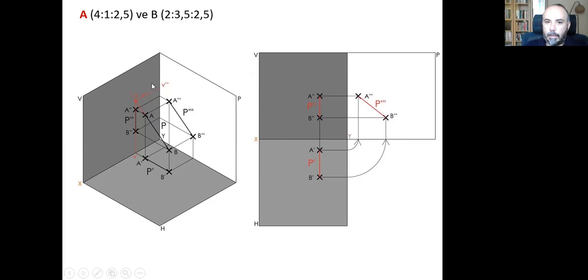I can say that this trace is somewhere over this line, but where exactly? In order to find it, I need to look at the system from its left side, because this line is parallel to the profile projection plane, I will see it. I just need to keep drawing, and this intersection here will indicate the line is in fact intersecting with the vertical projection plane, because this line here is the vertical projection plane.